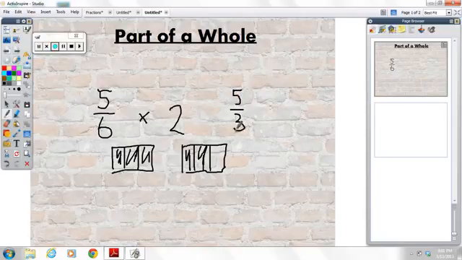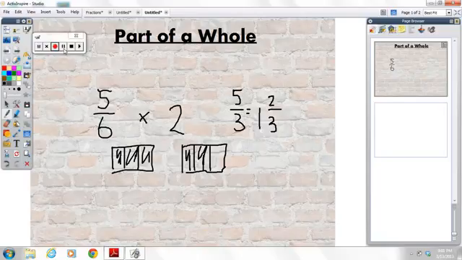Now we know from changing improper fractions to mixed numbers, we're not going to leave 5/3 as 5/3, we're going to change it into a mixed number. So I know that 3/3 is equal to 1 whole, and I would have 2/3 left over. 5/3 is going to be equal to 1 2/3. 2/3 is in simplest form.